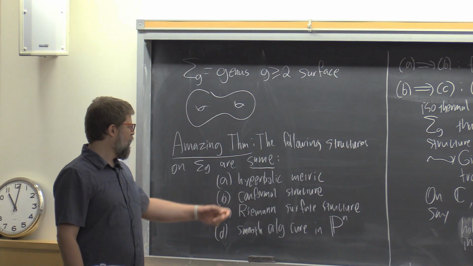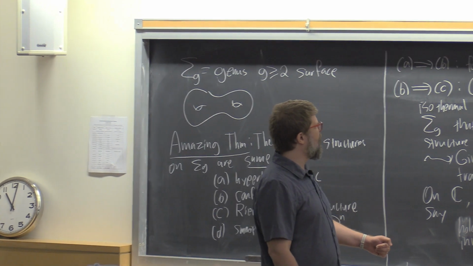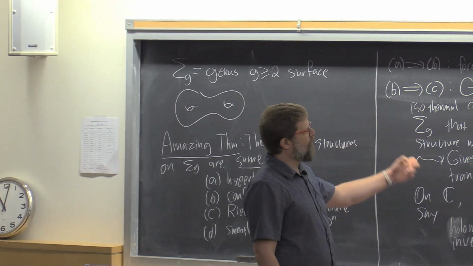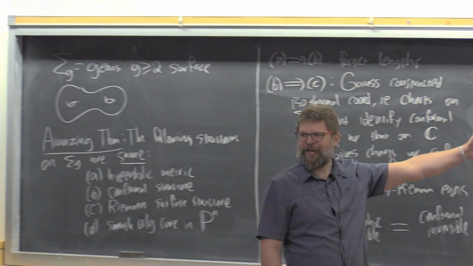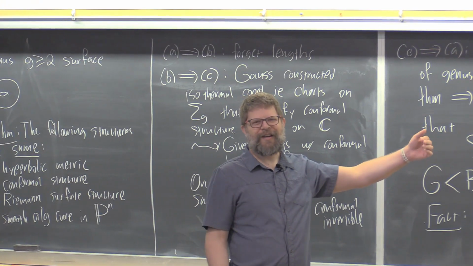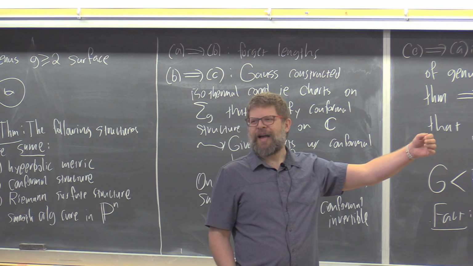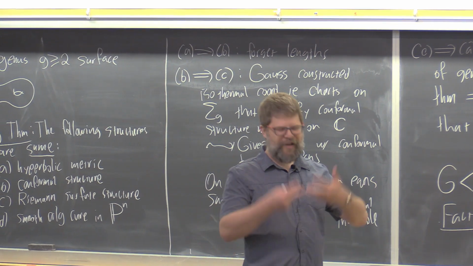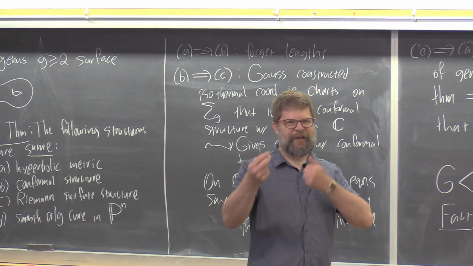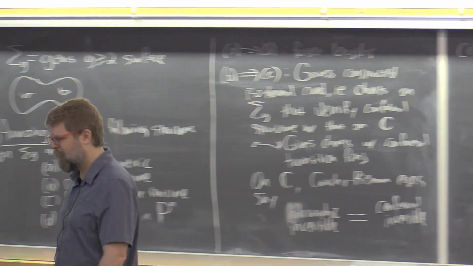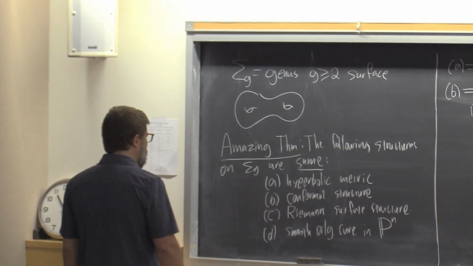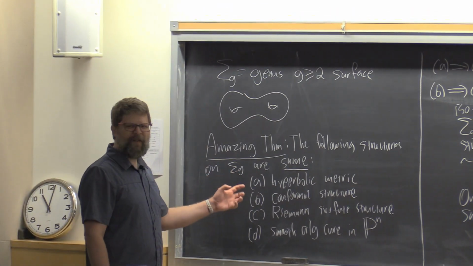And that goes through a chain of equivalences, right? We start off with a conformal structure, we construct isothermal coordinates, we have uniformization. You can't write formulas. All those are sort of very deep and confusing identifications.